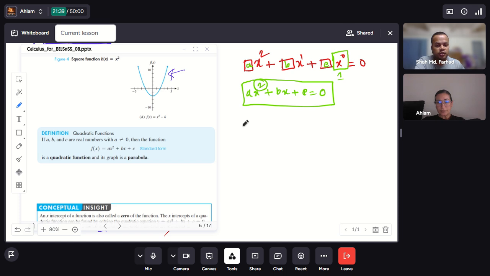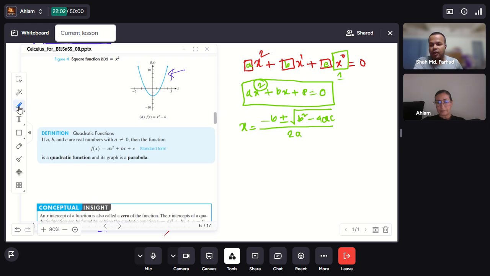So what are the solutions here? That is x equals negative b plus minus root over b squared minus 4ac, divided by 2a.